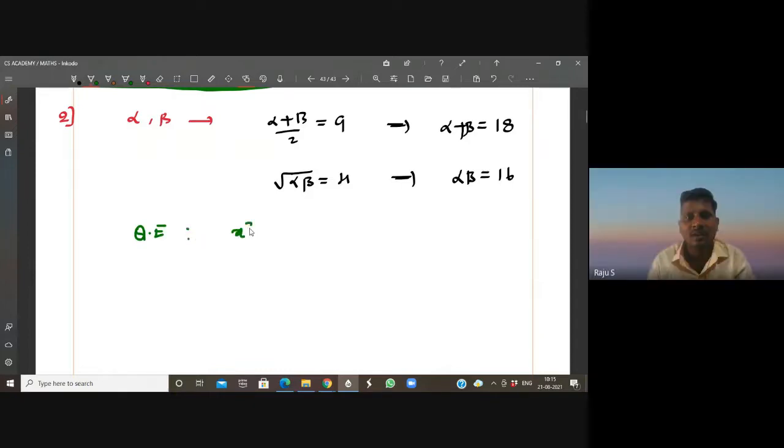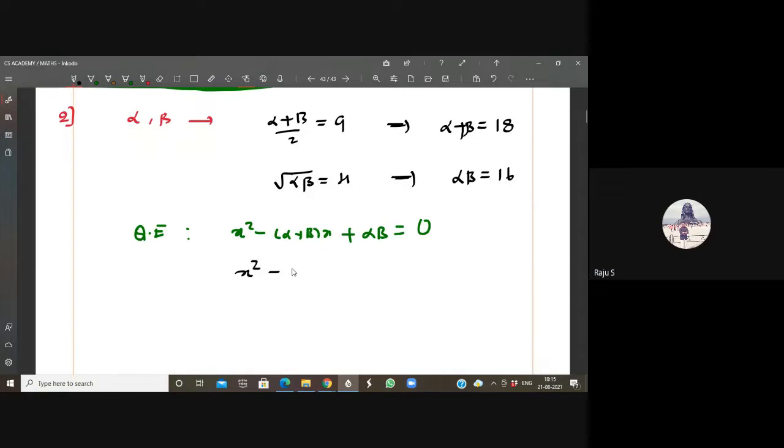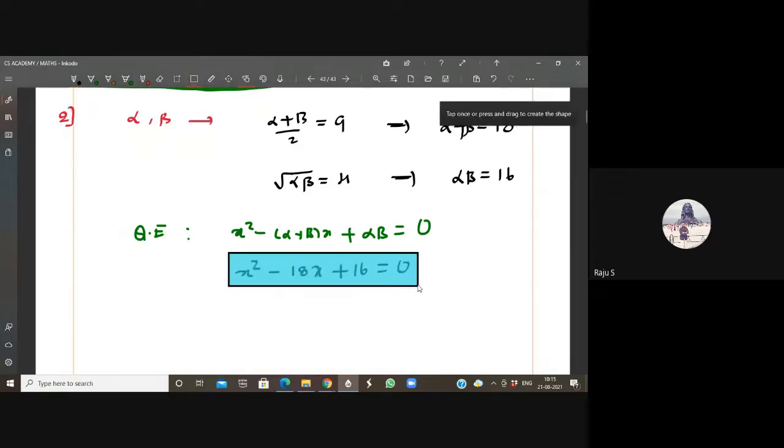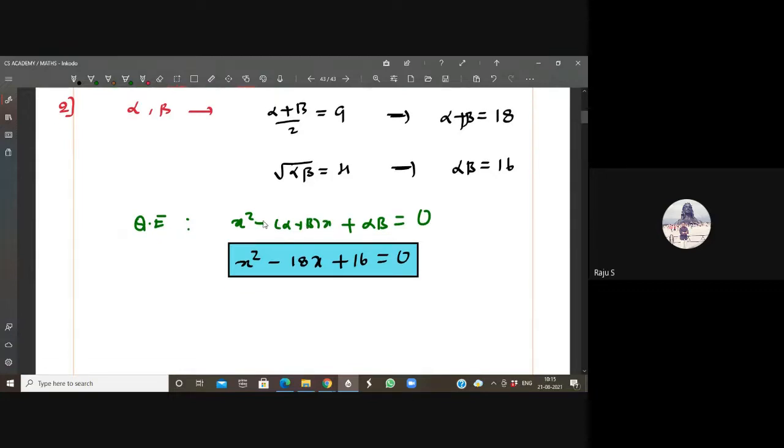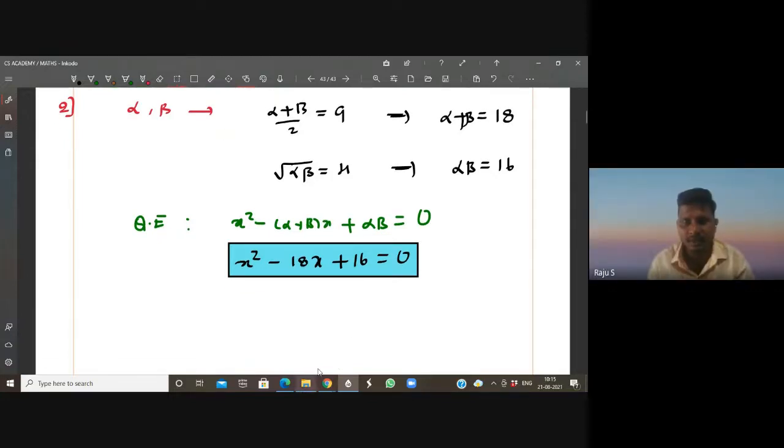That is x square minus (alpha plus beta) times x plus alpha beta is equal to 0. Now substitute: alpha plus beta is 18, so 18x, and plus 16 is equal to 0. This is the required quadratic equation whose arithmetic mean and geometric mean are given. Clear?